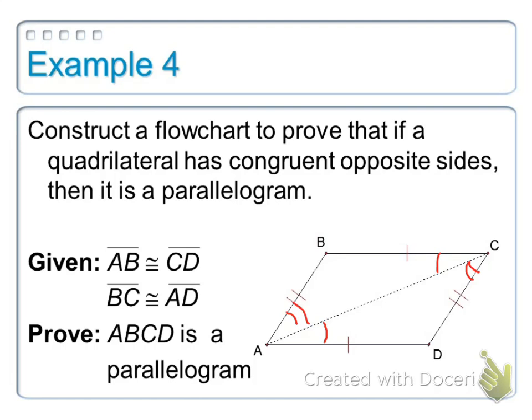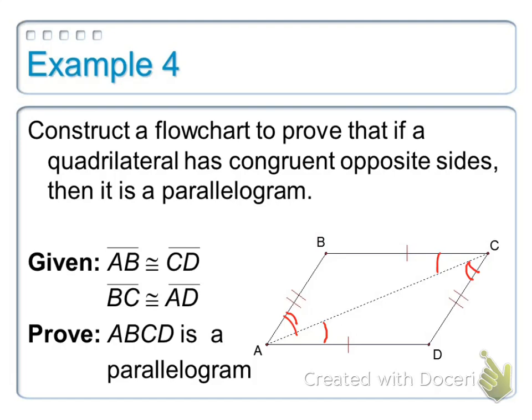If I do angle DAC is congruent to angle ACB, I'll get these are parallel. Okay? And with the same kind of thinking, whoops, I need to put my red pen back there.